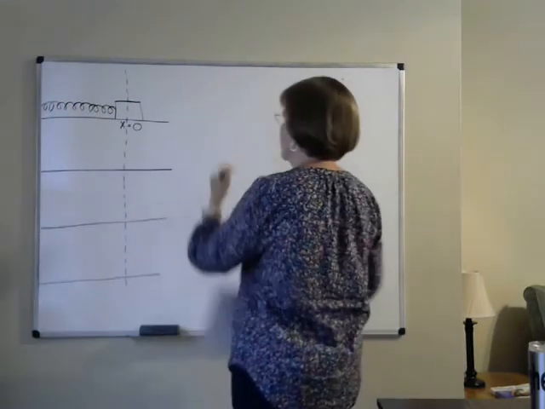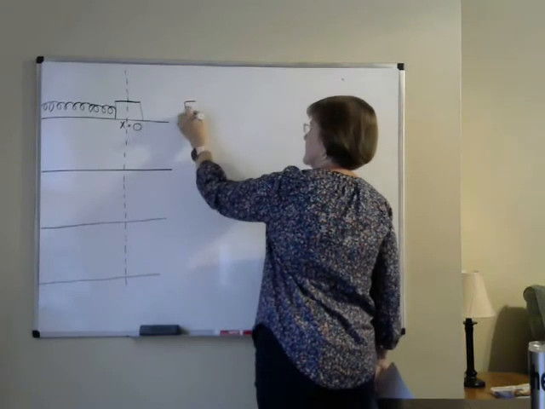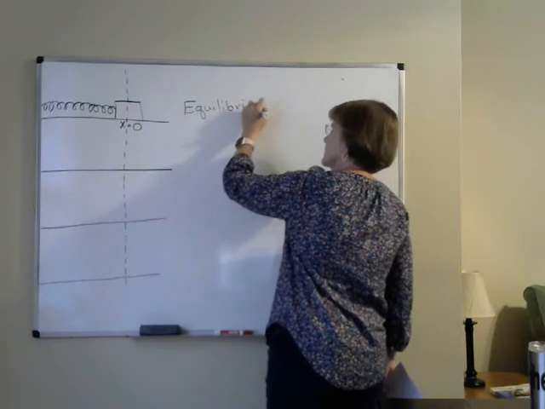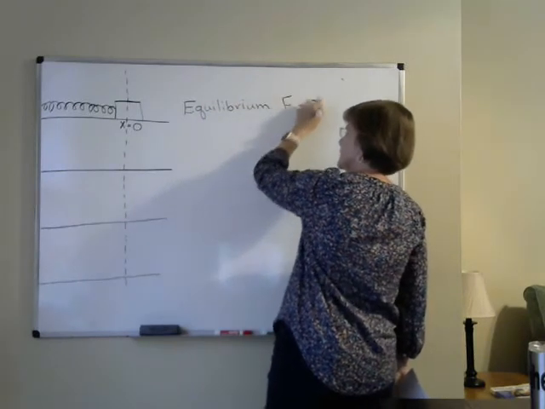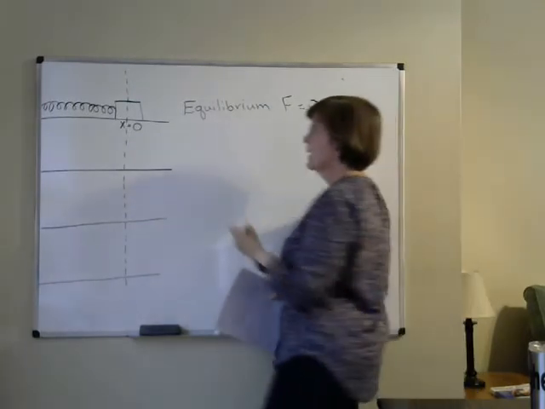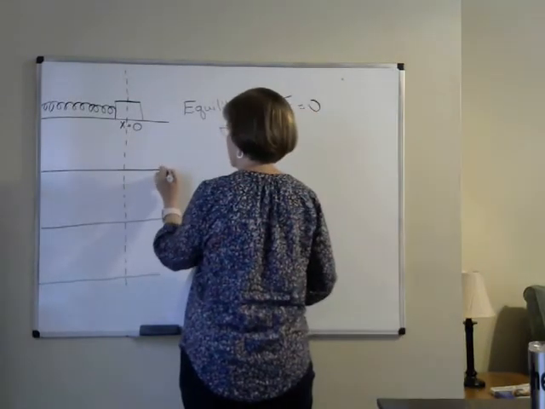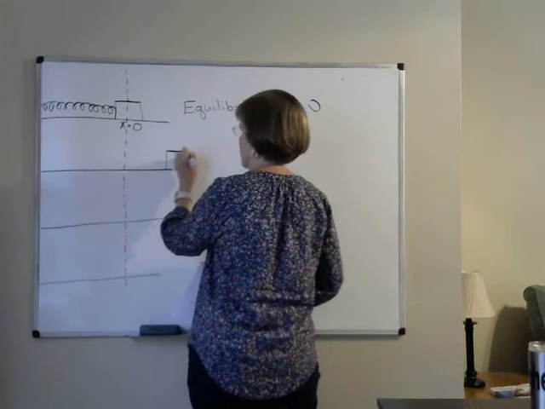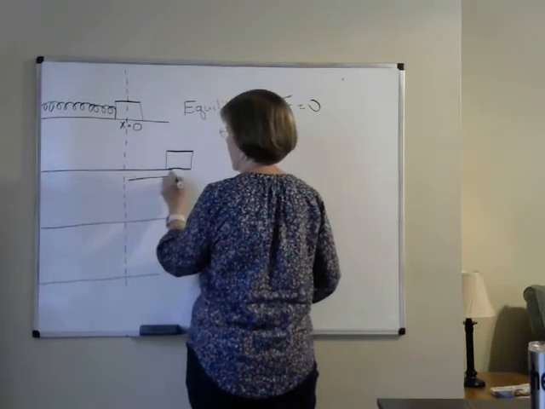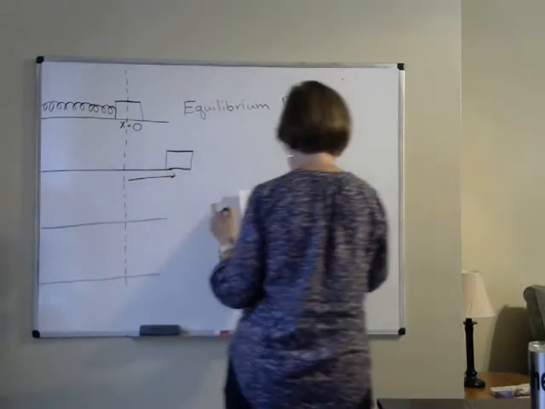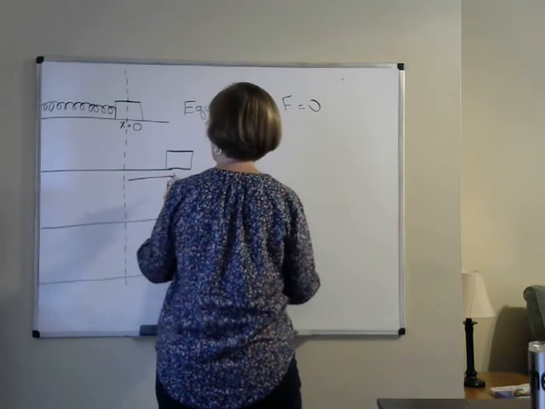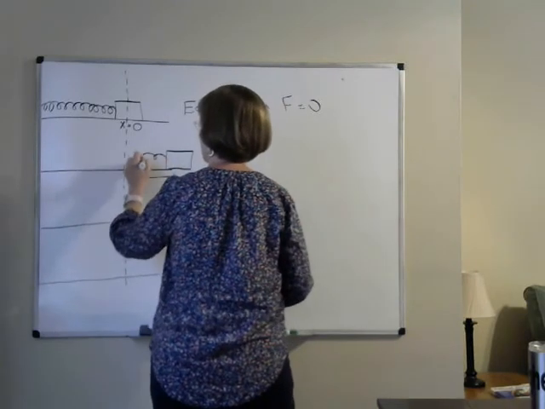If I'm sitting here at equilibrium, the force is 0. That's the natural place the spring wants to be. However, if I pull this block over, so now I have a displacement of some quantity x, I've stretched this spring.